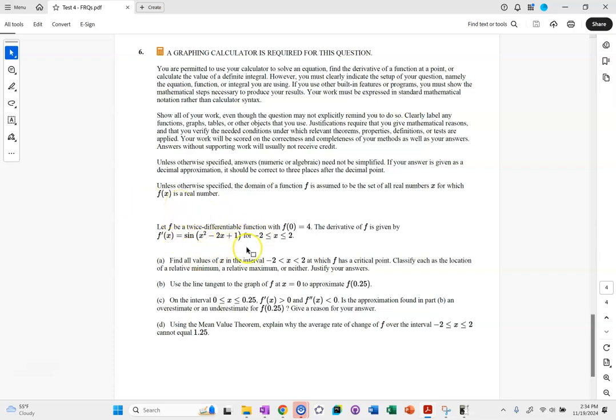Because I know this is locked between negative 1 and positive 1. So could it ever equal 1.25? No. And that's all the explanation you'd need to give, other than verifying the conditions for the mean value theorem and doing that stuff. It's a much easier solving, right? Because you can see it without even doing anything on your calculator, although it wouldn't be wrong if you did.